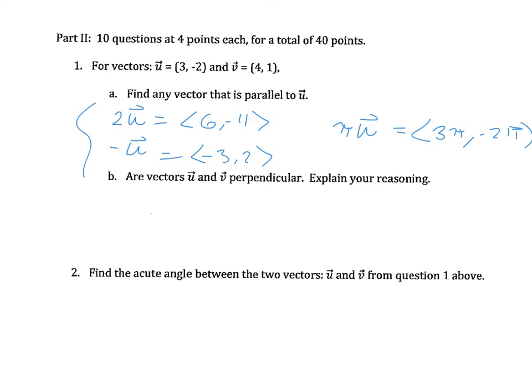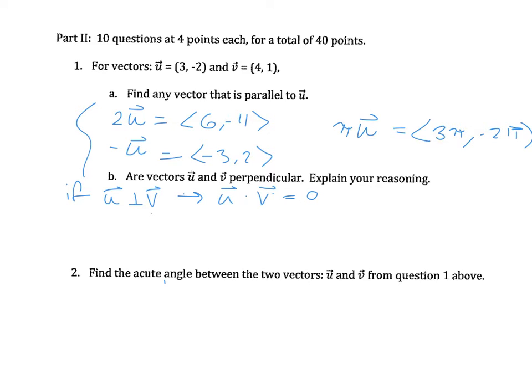So what that means is the dot product of perpendicular vectors is 0. So one way of doing this is to say, if u is perpendicular to v, then u dot v will equal 0.